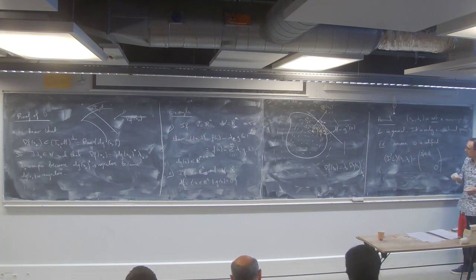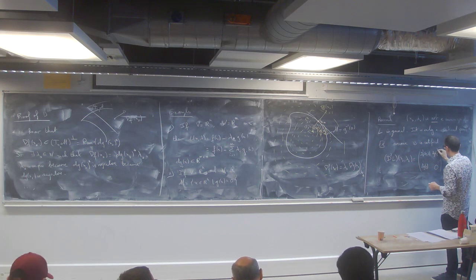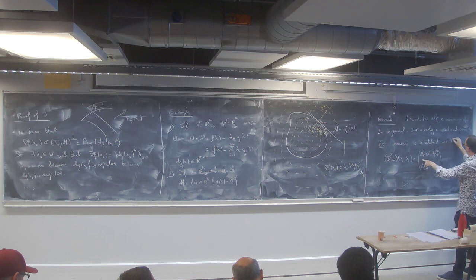So it's 0. And then I have to put dg of x star here. I assume here that V equals R^n and W equals R^m.